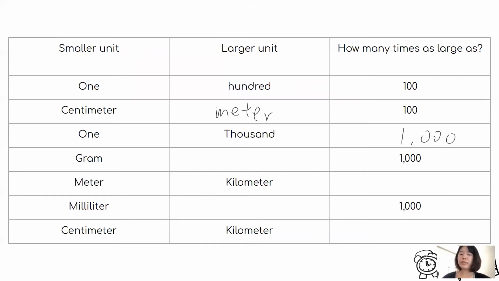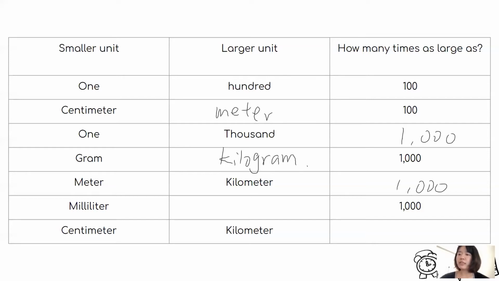Which unit is 1,000 times as large as gram? That is kilogram. How many times difference between meter and kilometer? That is 1,000.